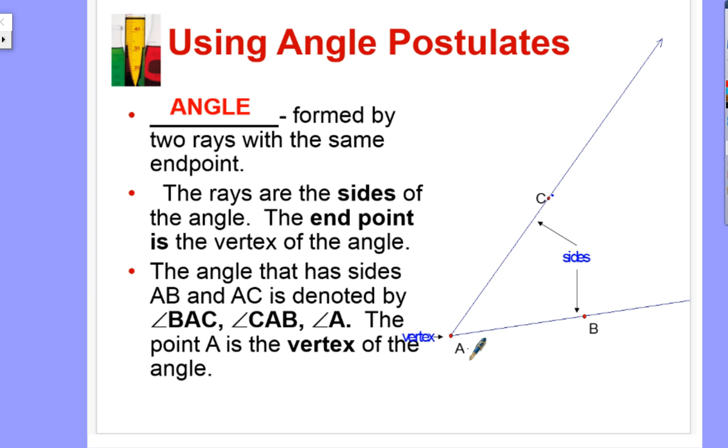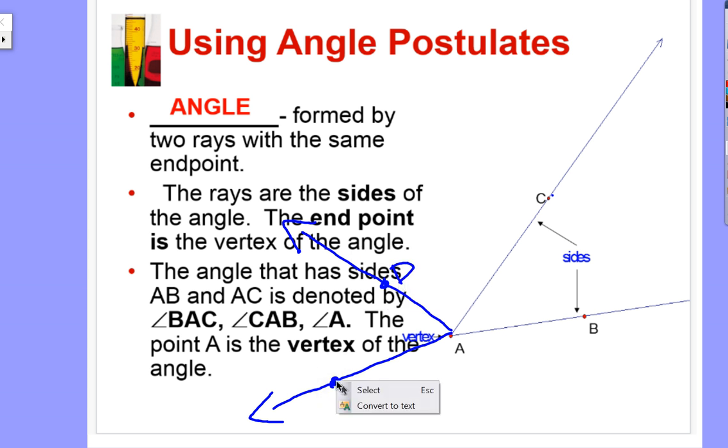What if I just extended the line out here, and I said there's going to be a second line right here, and I said there's a point here, we're going to call that point D, and I'm going to call this point E right here. Well, if I just call it angle A, the question that I have for you is, well, which angle A?